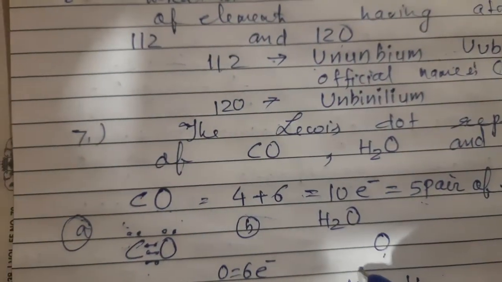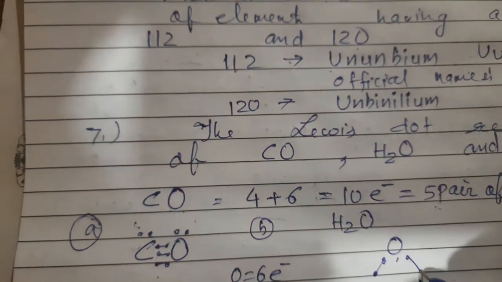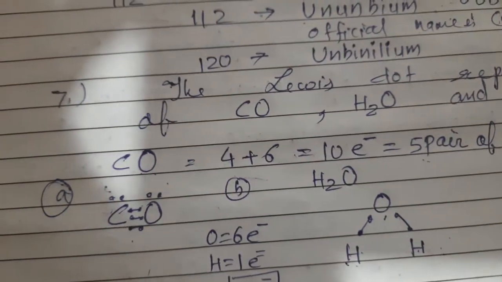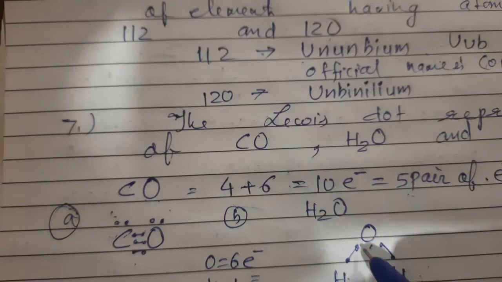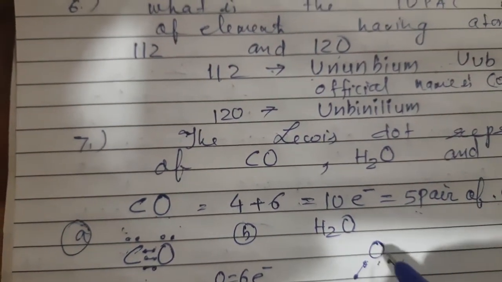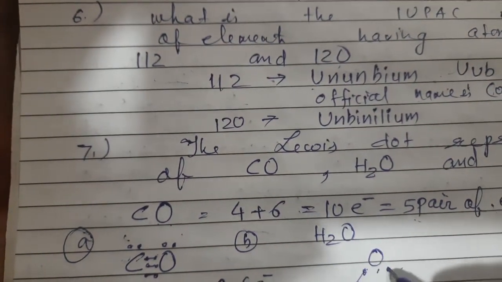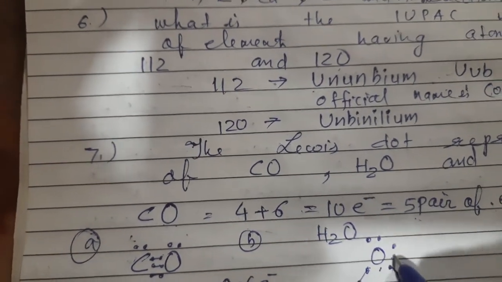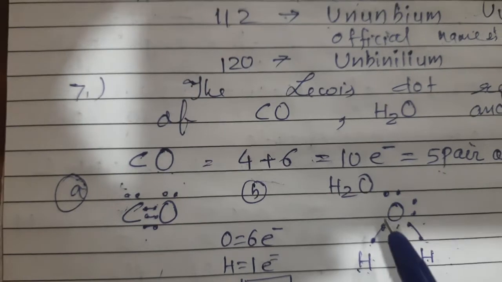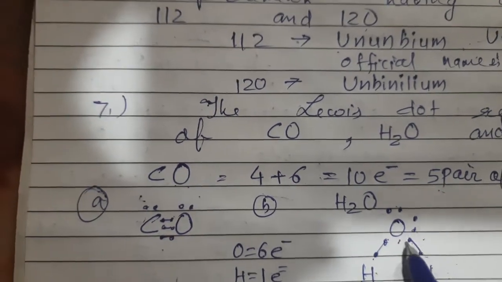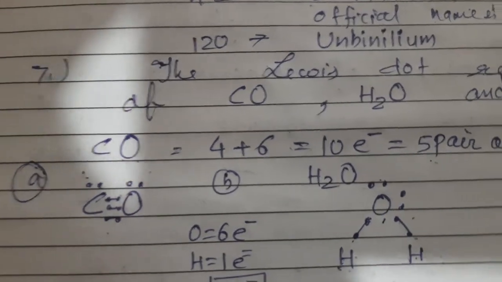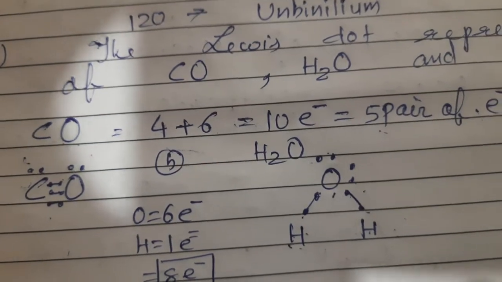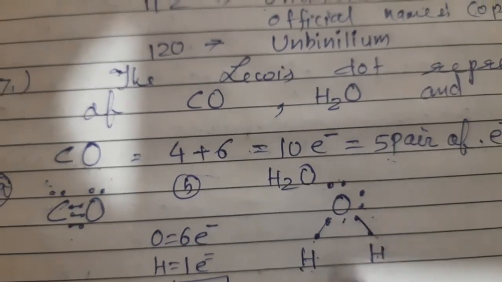So let us first make one bond. First step is to make the 1-1 bond. So hydrogen now has 2 electrons. And what about oxygen? Oxygen has 1 pair, 2 pair, 3 pair and 4 pair. So you can see both octets are completed: 1, 2, 3, 4, 5, 6, 7, 8. They both have shared. A covalent bond exists here, and this is the Lewis dot structure representation.